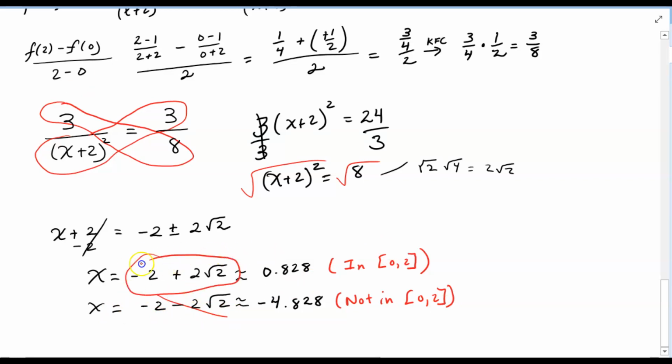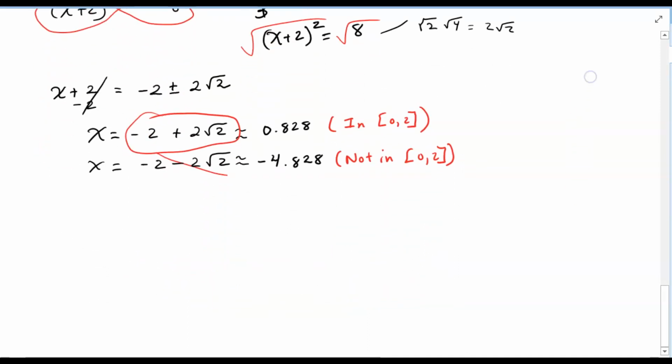But we are going to worry about this number right here. To sum all of this up, we have found our value c. It is negative 2 plus 2 square root of 2.